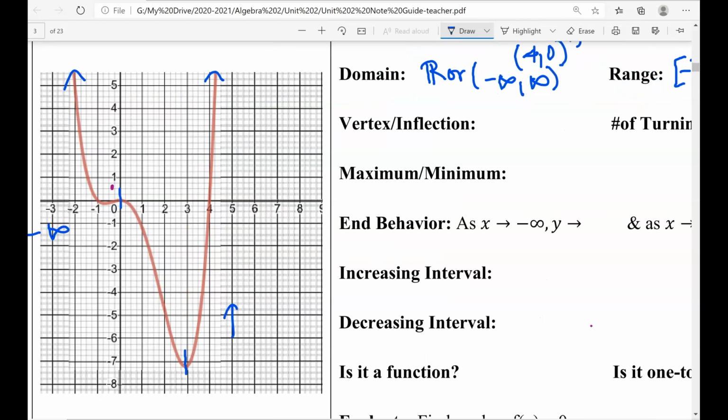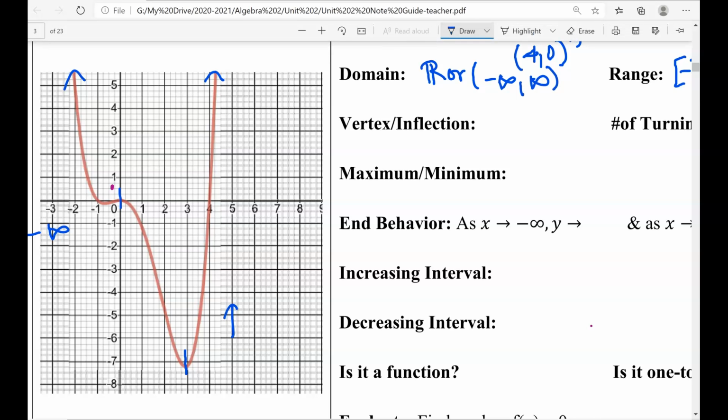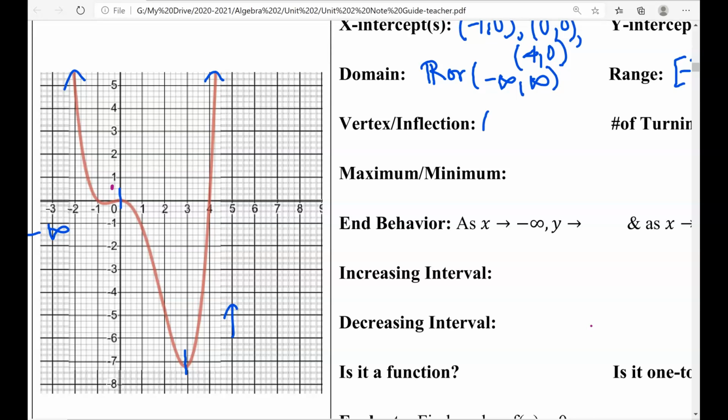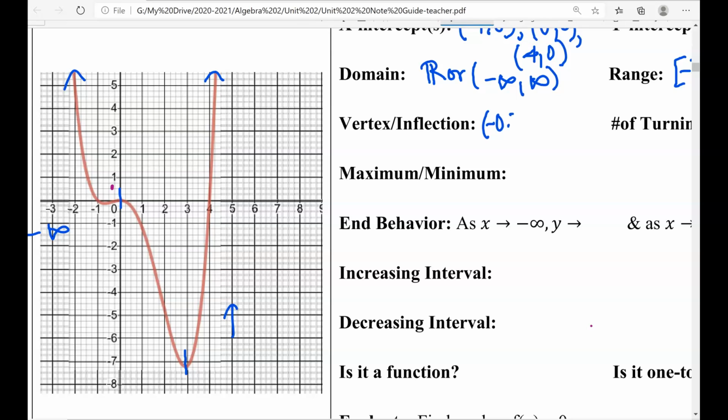How about we say that first vertex is -0.75, comma, for the sake of simplicity, -0.25.